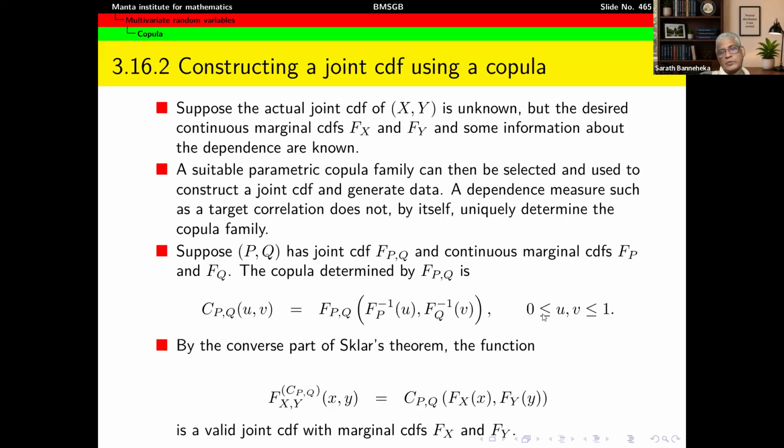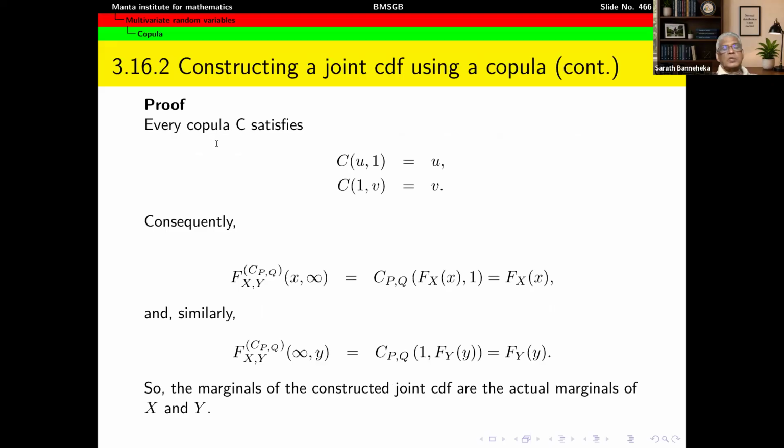So let's first show that this expression actually is a joint CDF, and then by letting the arguments one by one go to infinity, we can find the marginal CDFs.